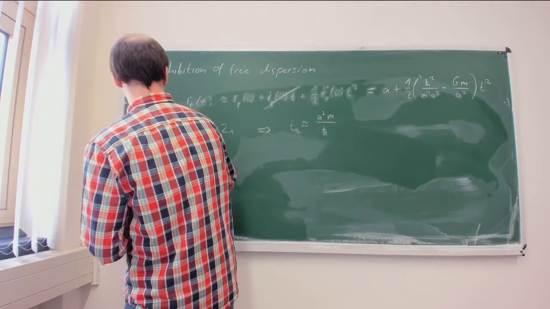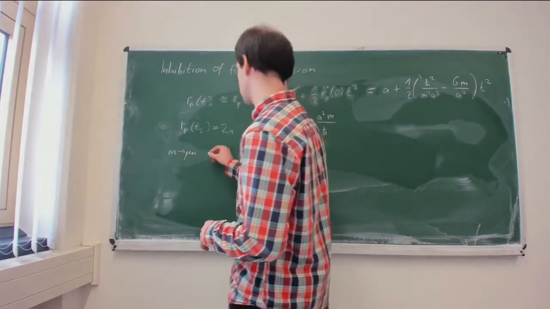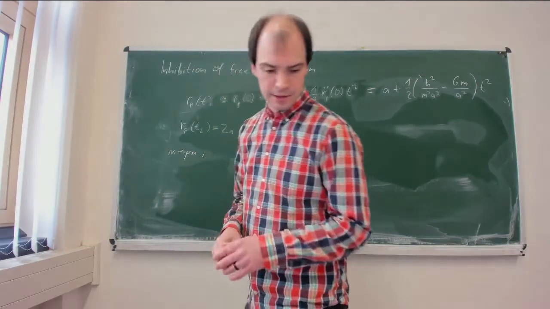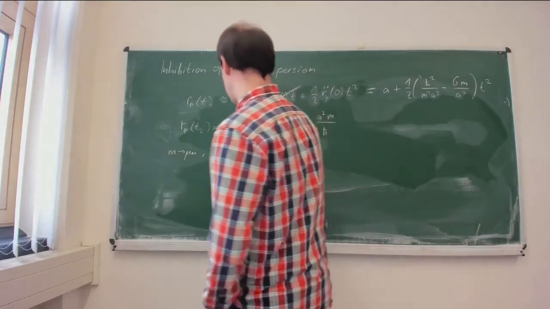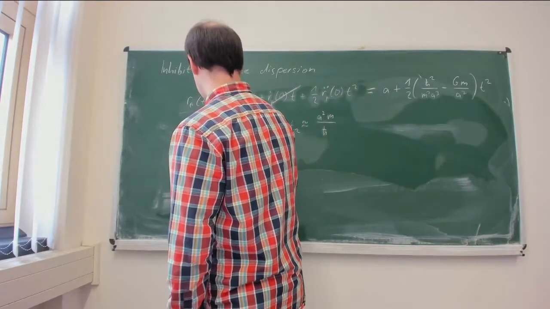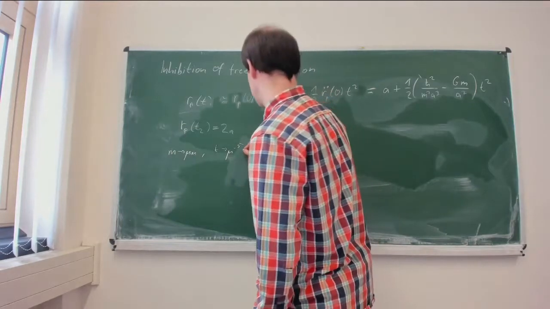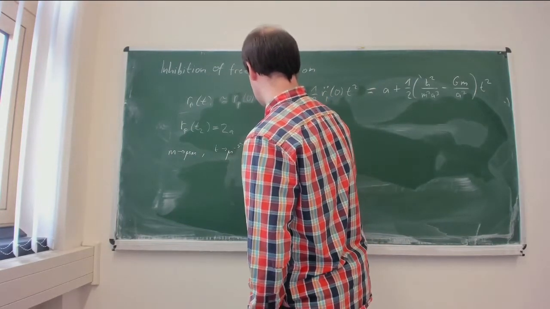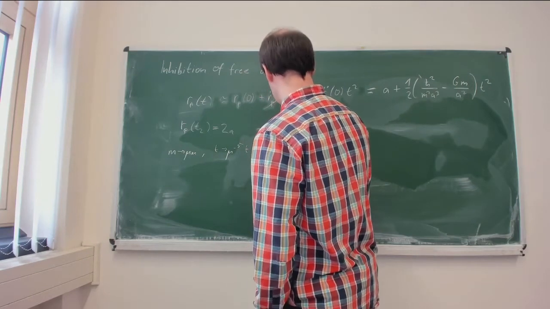So we could scale the mass with a factor mu, and remember that the times scale with mu to the -5, and all lengths scale with mu to the -3.